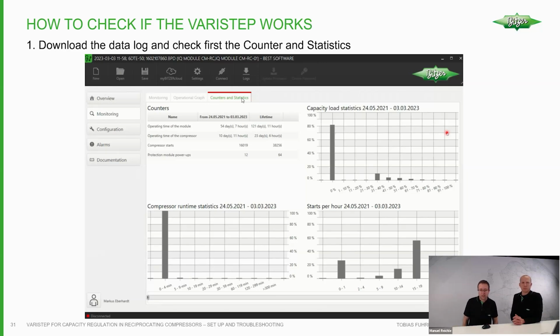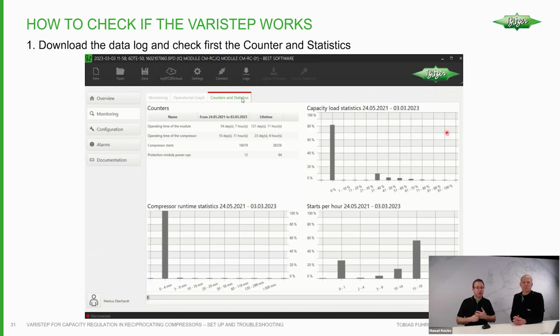Also, the number of starts per hour is an indication. 15 to 19 starts per hour is quite a lot. So the system cannot control the capacity properly. Something is wrong. If you see these statistics, it is really important to check the VARISTEP if it's functioning, if the solenoid valve is okay, and these kind of things.